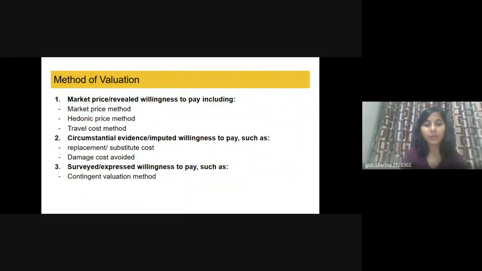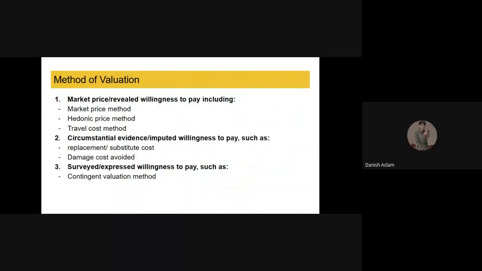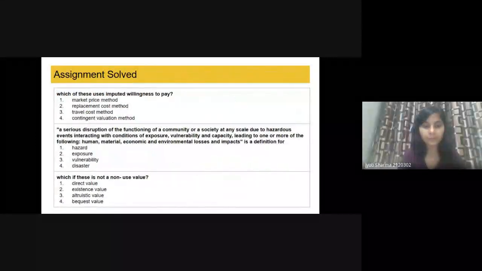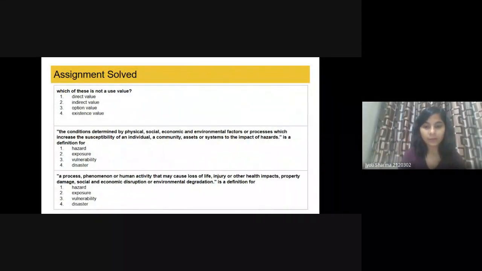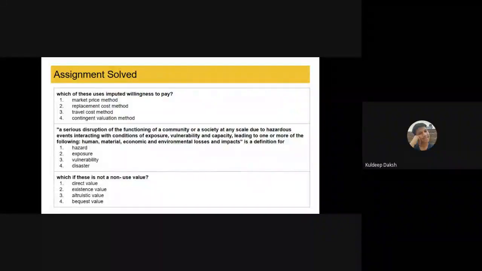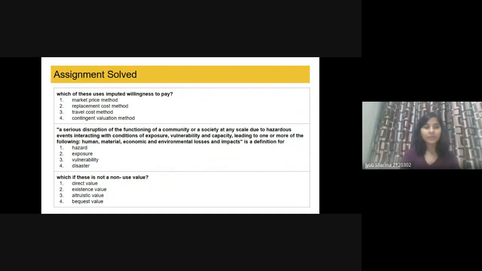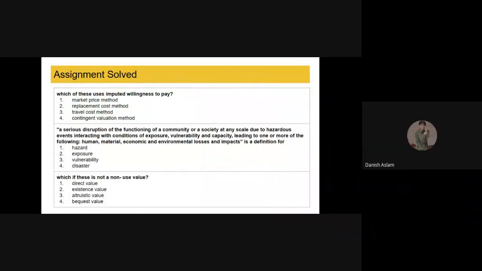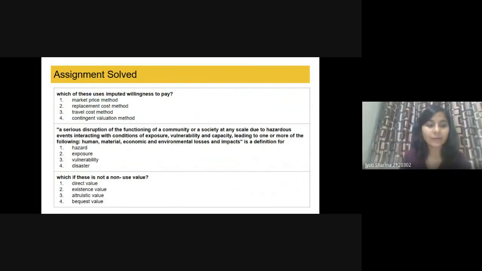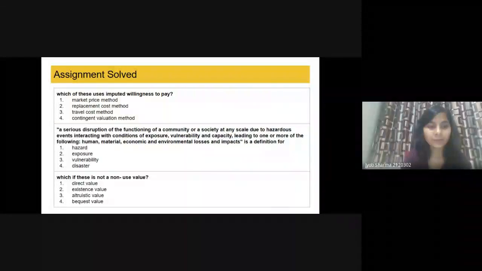Here, the intention we are showing is willingness to pay. Damage cost? No. Contingent valuation method? Imputed, you will get like the replacement cost method. Replacement. Okay, the next one.